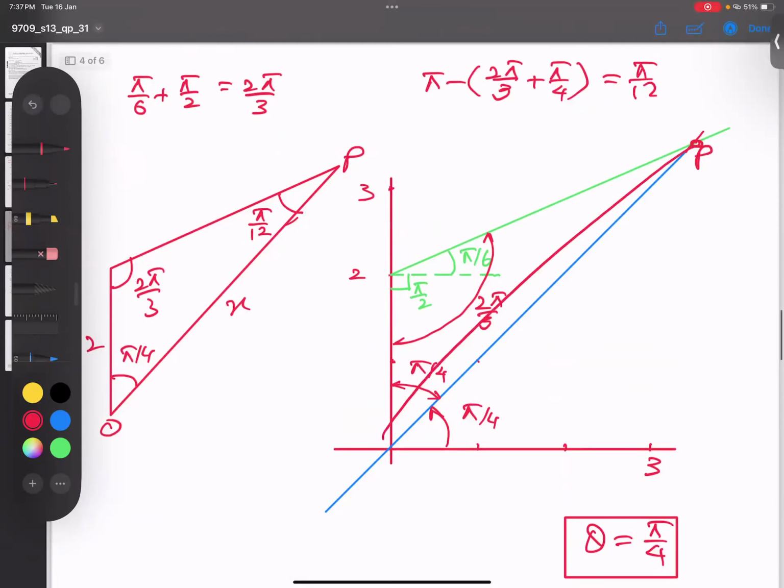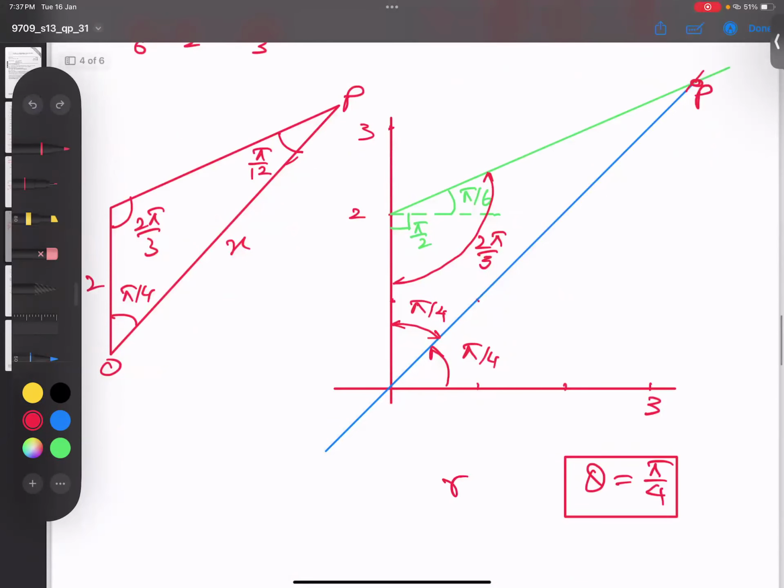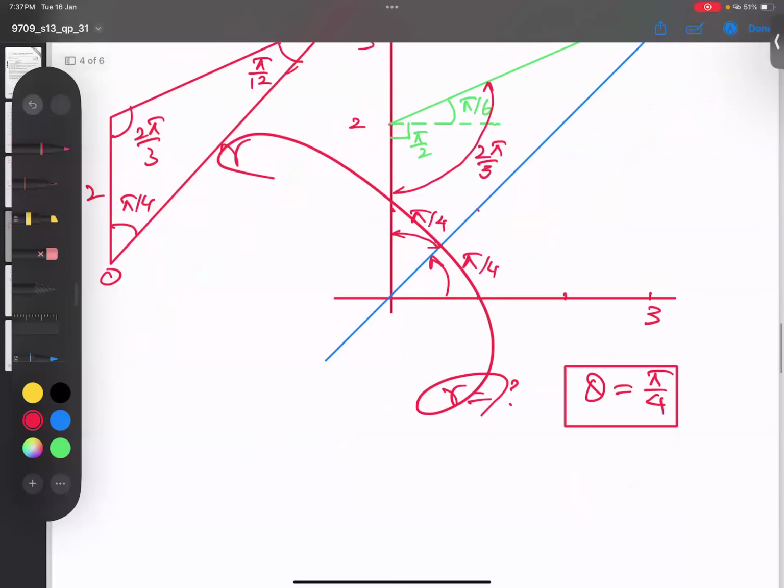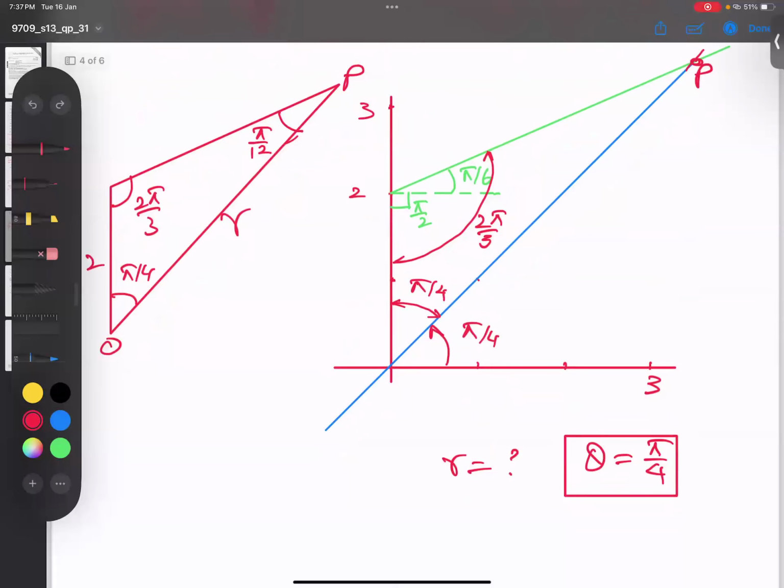Now only the length of OP is needed. If I get the length of OP, it will behave like r here. That is my target. So I'm erasing this and writing r here. So how to find this? Using the sine rule: r over sine 2 pi by 3 equals 2 over sine pi by 12. All of it is familiar, I am applying the sine rule.